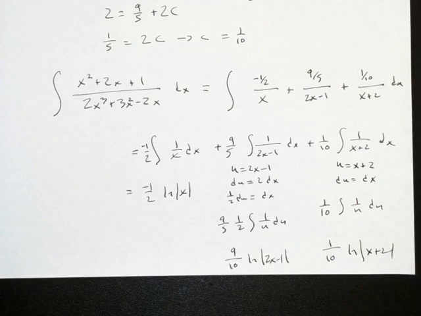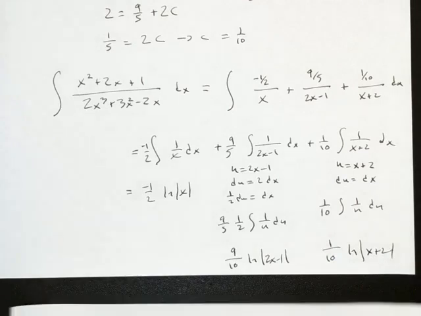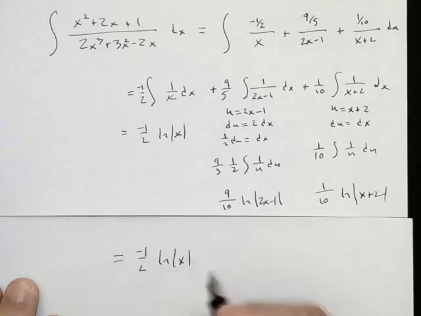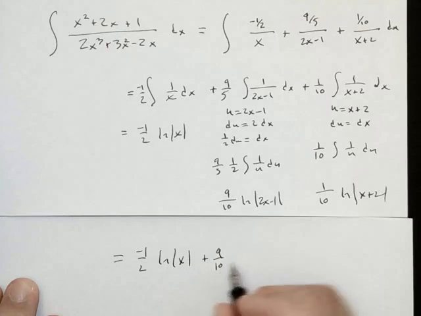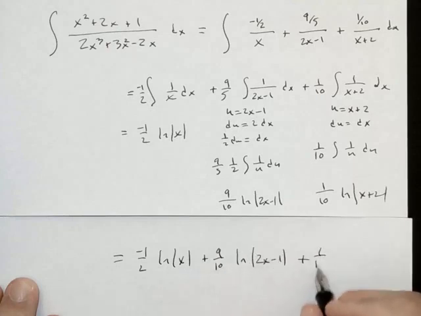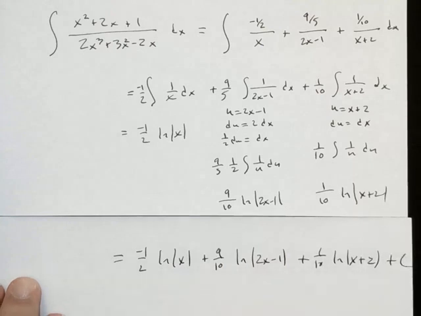So I add up all three of my pieces, and I get minus 1/2 ln of x plus 9/10 ln 2x minus 1 plus 1/10 ln x plus 2, big plus c on the end.